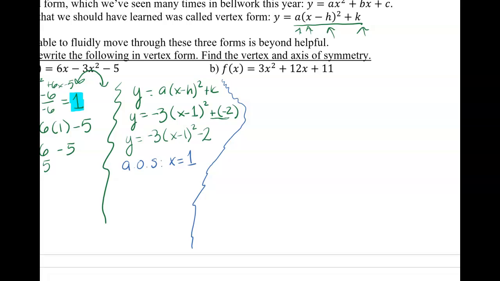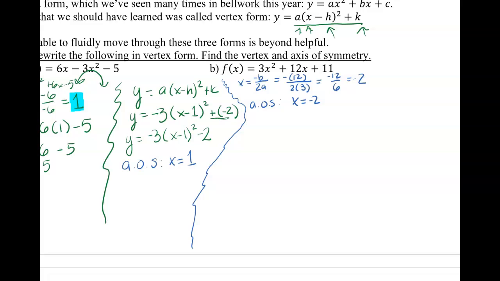How I'm going to do that, again, is that x is equal to -b all over 2a, which is going to be equal to -b, which is 12 this time, all over 2 times a, which is 3. So then I get -12 over 6. -12 divided by 6 should be -2. So my axis of symmetry should be equal to x is equal to -2.